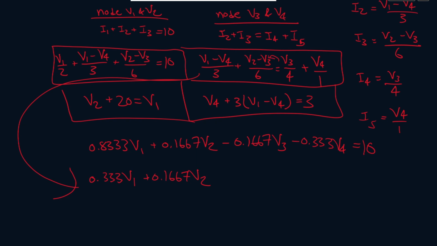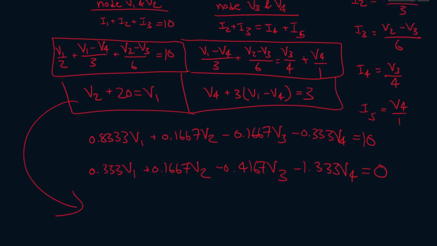So minus V3 over 6 minus V3 over 4 is minus 0.4167 V3. Now we have minus V4 over 3 on the left side, and V4 on the other side. Let's bring this V4 to the other side, so we have minus V4 over 3 minus V4, which gives us minus 1.333 V4. And since we brought both of these to the other side, this will be equal to 0.